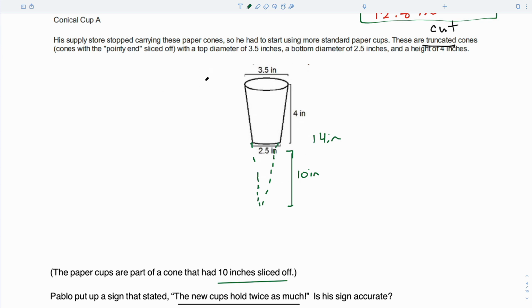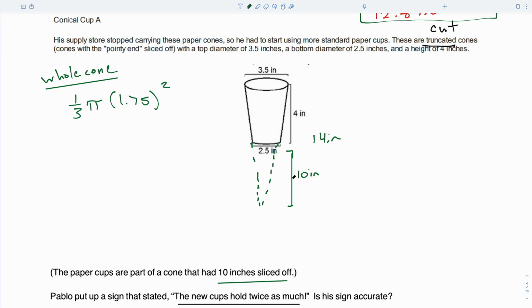First thing we're going to do is find the whole cone. The whole cone includes the portion that was cut off. We're going to plug it into 1/3 pi r squared. The radius of the cone is the same, half of 3.5, 1.75 squared.